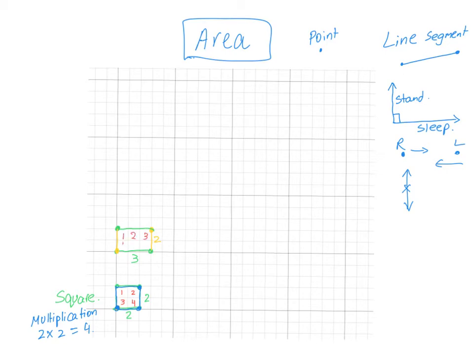I see 6, right? So what shape is this? You'll notice it as a rectangle, right? So you've got a square, you've got a rectangle. So basically what we are doing is we are just multiplying the two sides that we have.